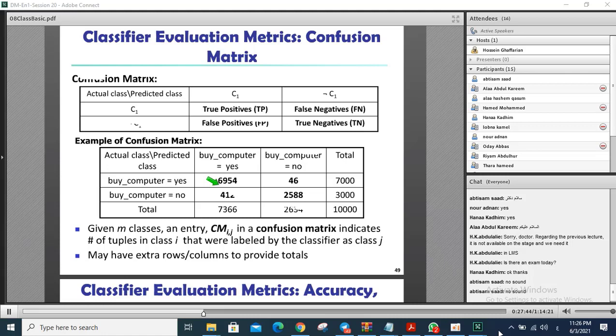Look at this, for example, in our last example, buying computer, we gathered information from 10,000 customers, and I'm seeing that 6,954 users have the class buying computer, and also they buy a computer.